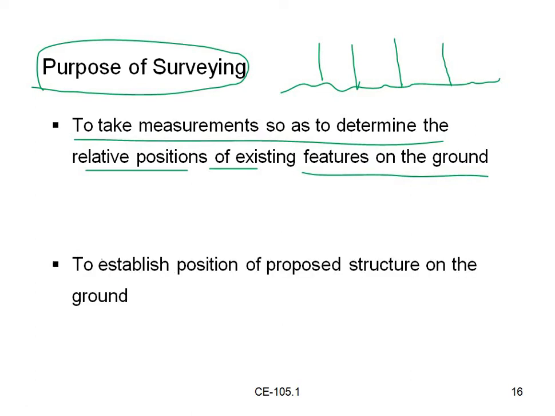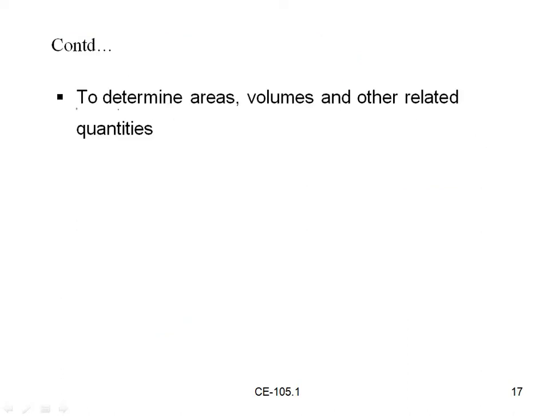And next, to establish the position of the proposed structure on the ground. We will be establishing the position of the proposed structure on the ground with the help of surveying. And next, to determine areas, volumes, and other related quantities.